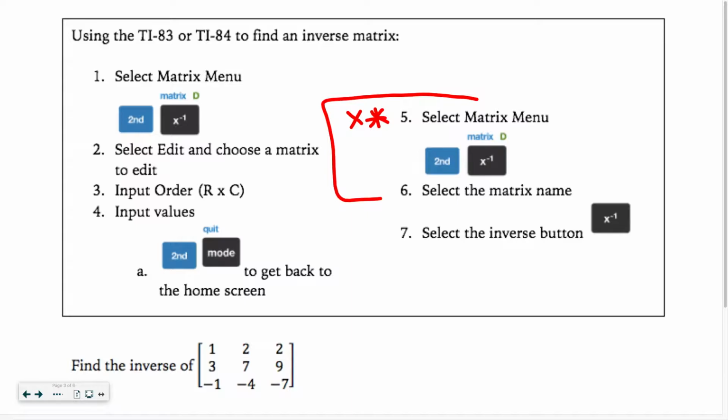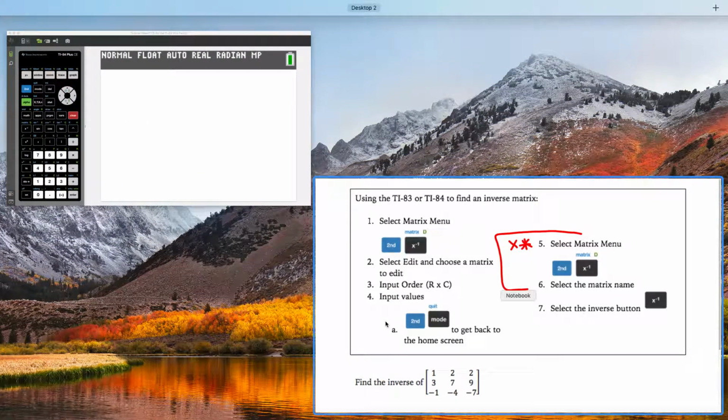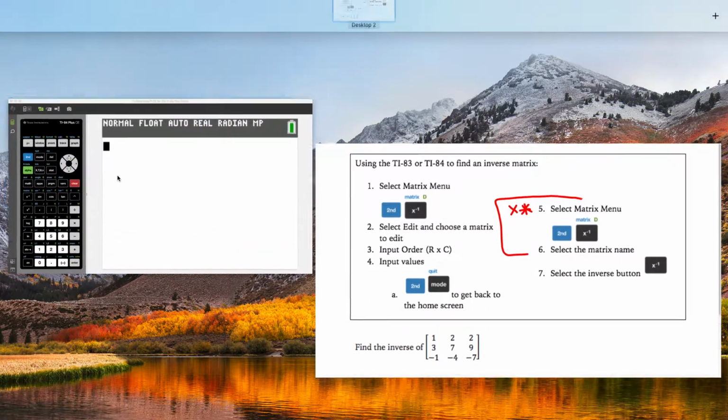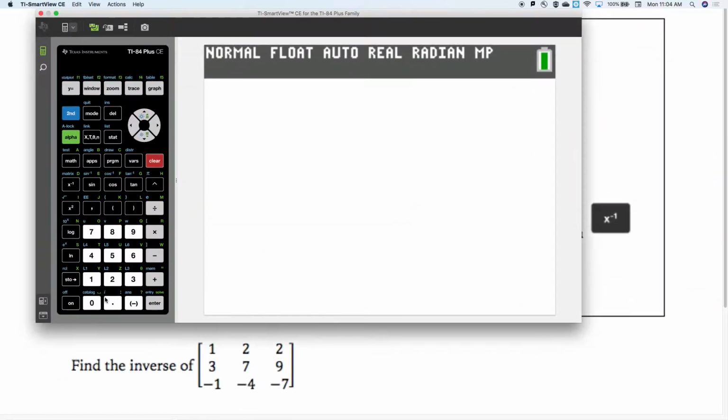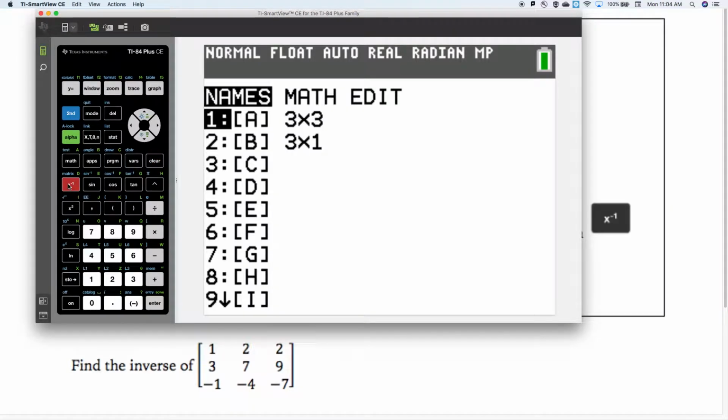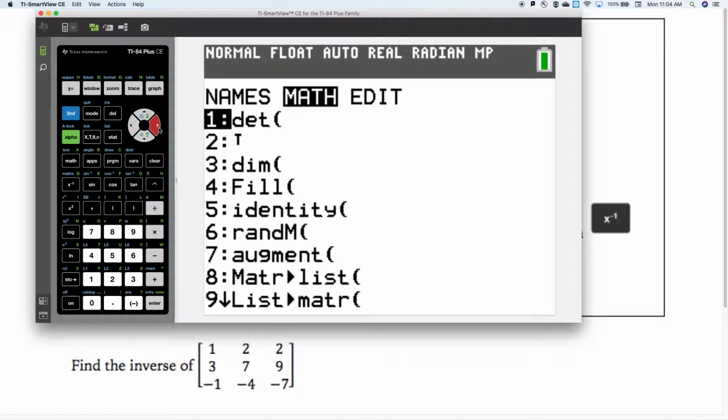So if everybody can edit matrix A and put in these values: 1, 2, 2, 3, 7, 9, negative 1, negative 4, 7. So second, x to negative 1, edit.